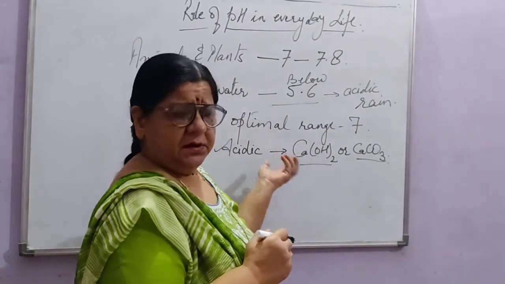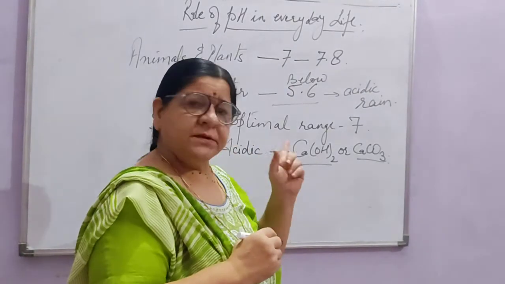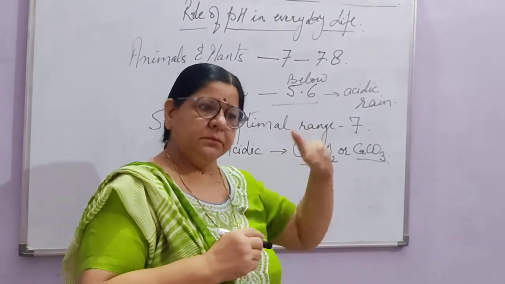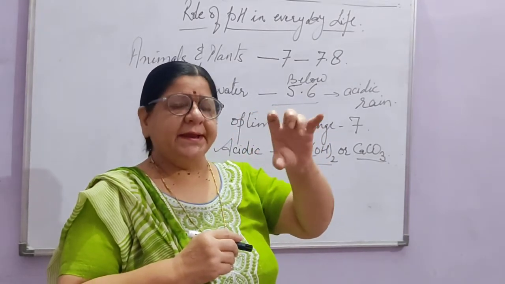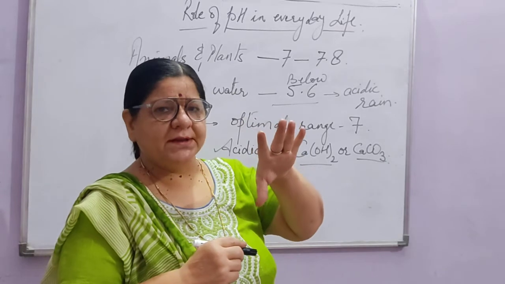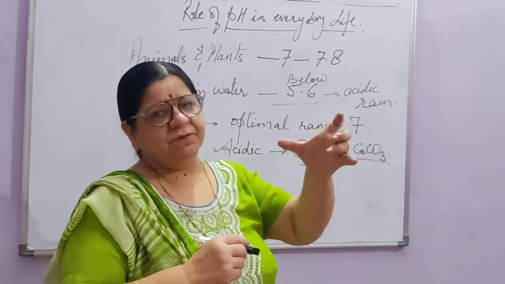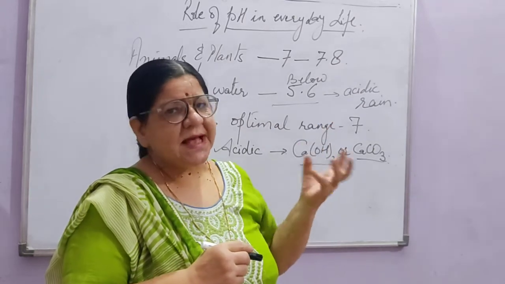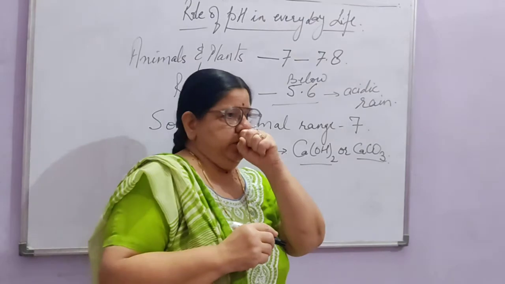We can even test the acidity or the basicity of soil by putting a little water in the soil, taking it in a test tube, and then putting the pH paper in it, and we can test whether it is acidic, basic or neutral, right?